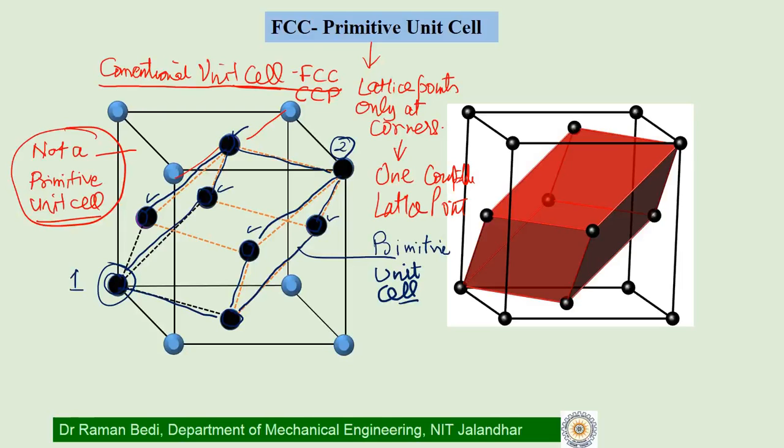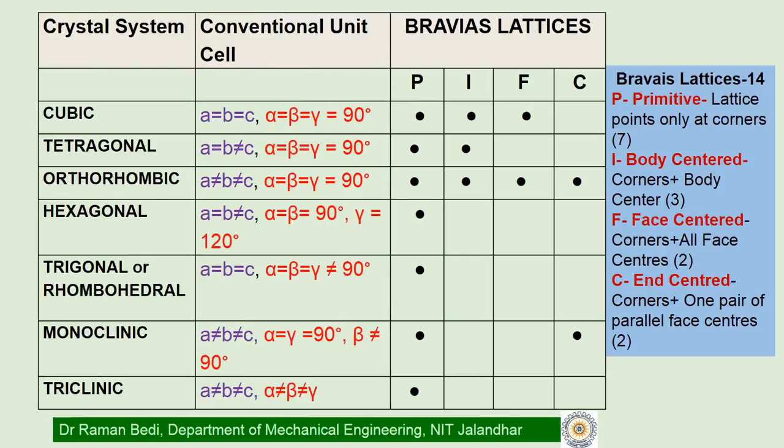This primitive unit cell for a cubic system is represented here with this descriptor, and stacking of this in 3-dimensional space will give you an FCC crystal structure. Okay, let's move forward. I come back to the table from which we started our discussion. This table describes the 7 crystal systems along with their variants.